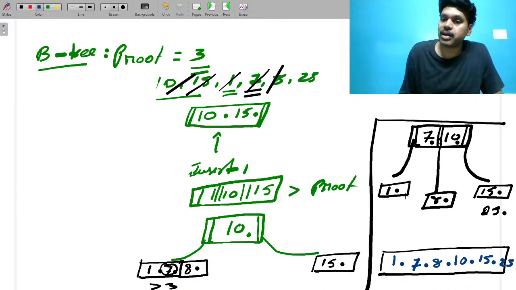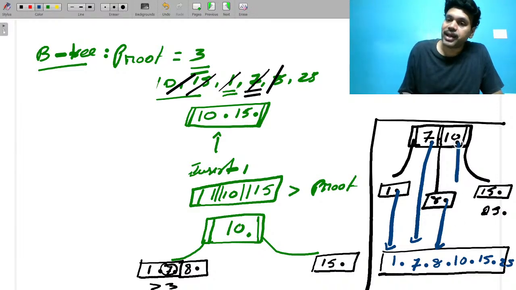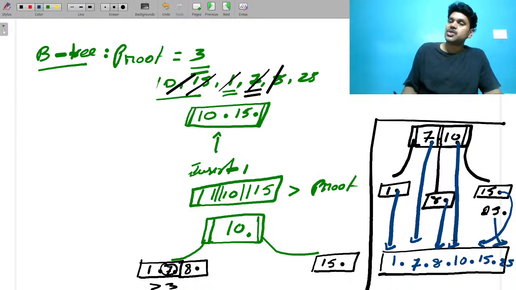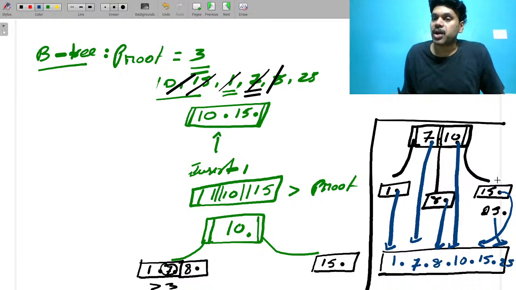Dots are not there. So now let's see, 7 is retrieved from root, 8 is retrieved from leaf, 10 is retrieved from root, and 15 is retrieved from leaf, and 25. So what do we understand? Record pointers are available at every level of the tree.